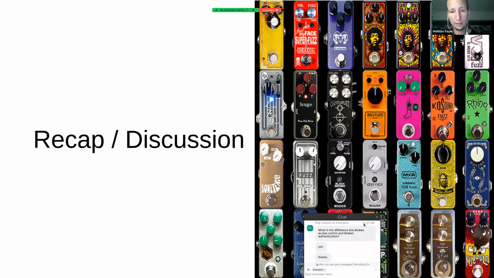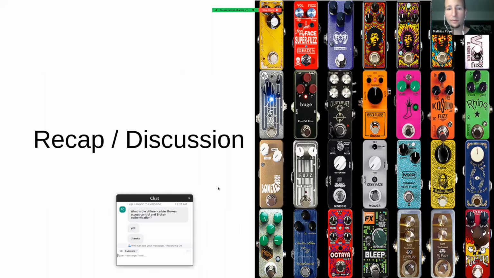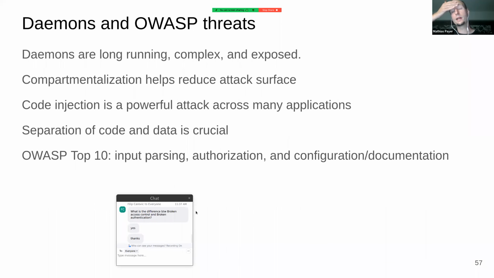So a quick recap of what we have discussed. The web applications or the web is different, but also similar to other kinds of issues we have looked at in the class. Daemons are long-running, complex, and exposed, and thereby offer specific issues that we need to be aware of. Same as before, compartmentalization helps reduce attack surface, and code injection is and remains a very powerful attack vector across applications and web applications.